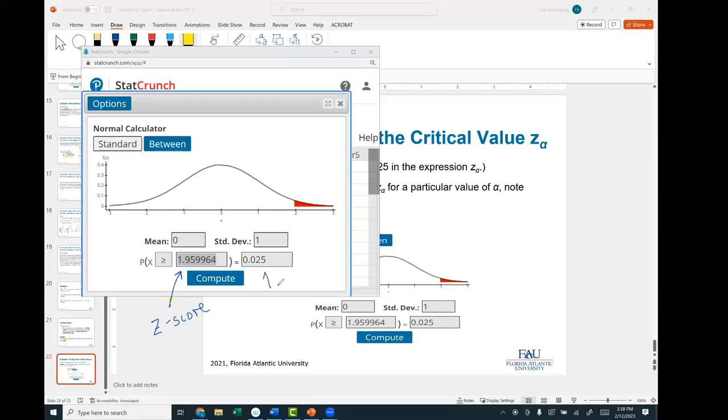And my probability is in this box. Okay, so that's basically how you use the normal calculator. And we got the same values for sure.